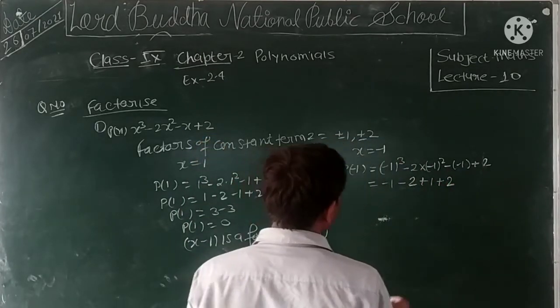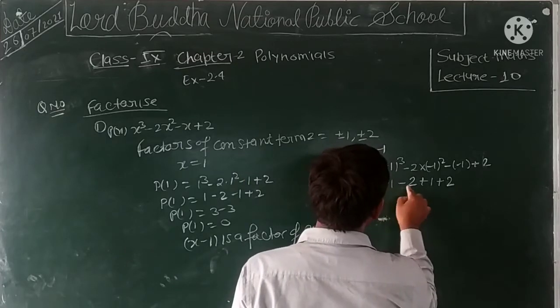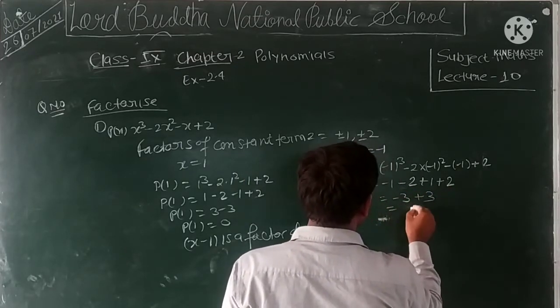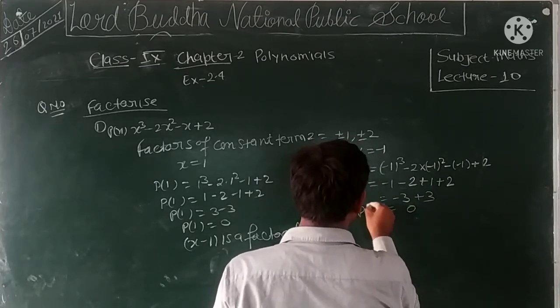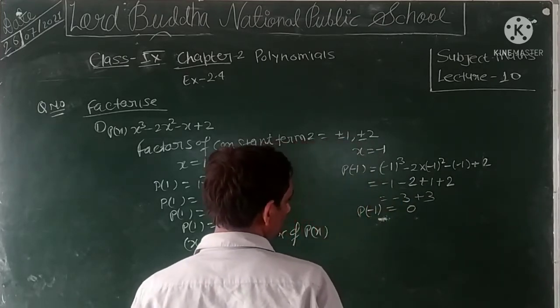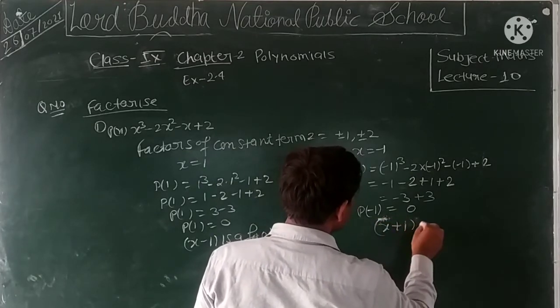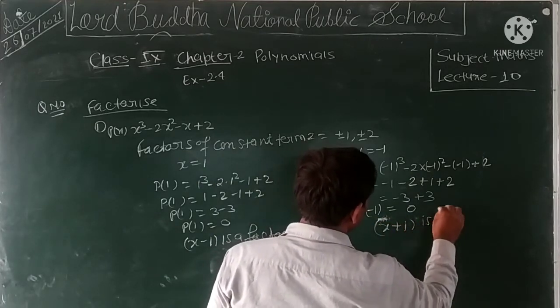Minus 1 cube is minus 1, minus 2 into 1 is minus 2, then plus 1, and plus 2 constant. Now we see that minus 1 minus 2 is minus 3, 2 plus 1 is 3, means 0. P minus 1 equal to 0. Okay. Hence x plus 1 is a factor.